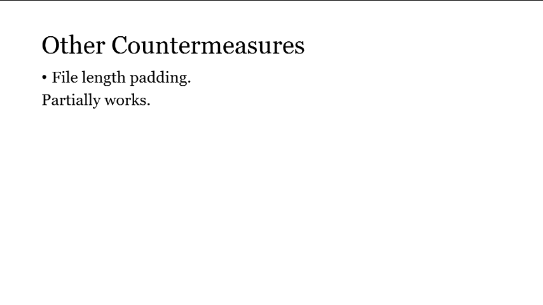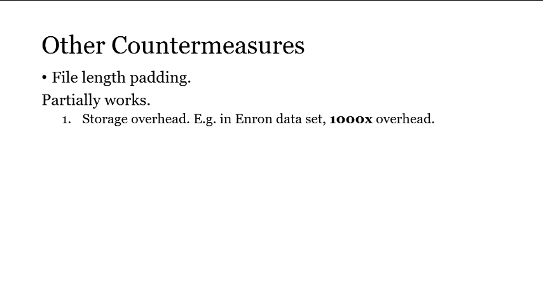We call this partially works because, first, there's a large storage overhead if you do this. For example, in the Enron dataset, if you pad everything to the maximum, it introduces 1,000 times overhead on storage. Second, it only works for static searchable encryption because in the dynamic case, the server can simply rely on the timing information to identify these injected files, because the next file you upload to the server is the one he just sent to you.